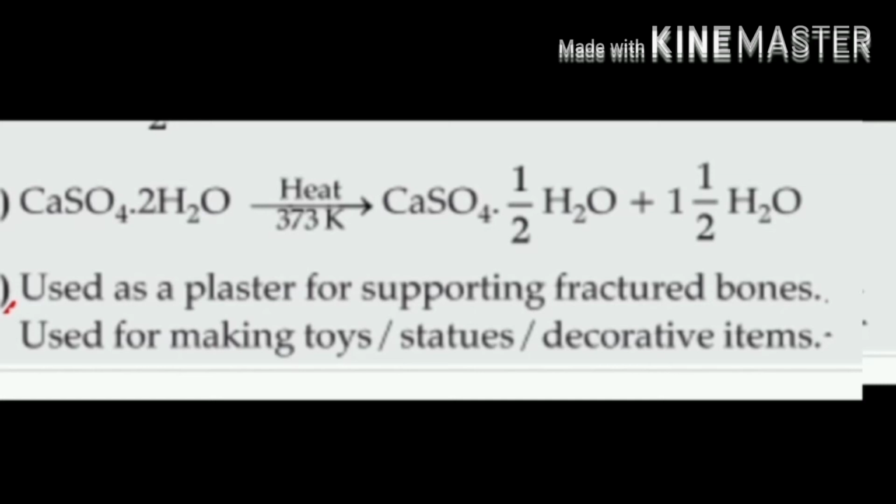Calcium sulfate dihydrate, that is gypsum, on heating at 373 Kelvin becomes calcium sulfate hemihydrate, that is plaster of Paris. Plaster of Paris thus obtained, on mixing with water, changes to gypsum once again, giving a hard solid mass.